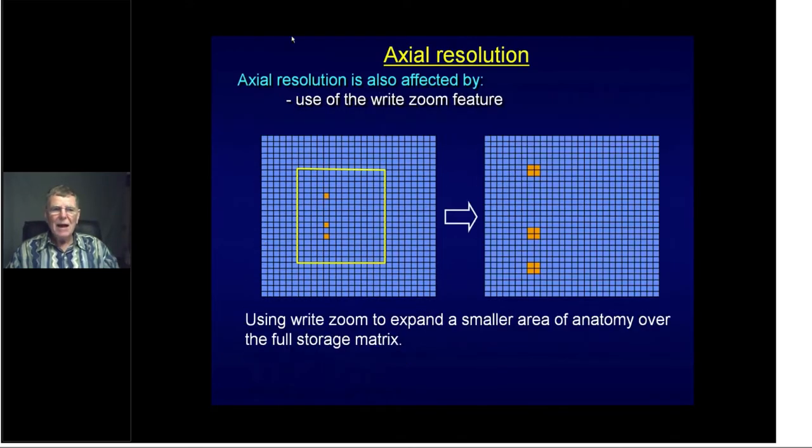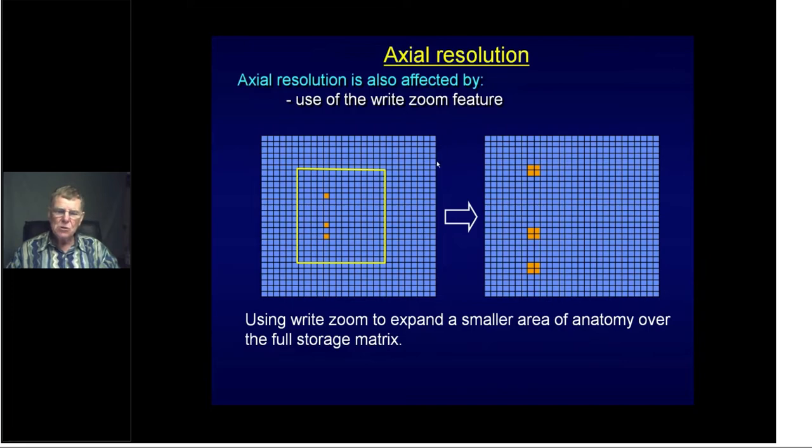Okay. Now, another way you can improve axial resolution, use your write zoom feature, or pre-processing zoom feature, as some people call it. Now, when you do that, and you put your little box there to do your write zoom, and you hit the go button, it will expand that small area over your entire image memory matrix.